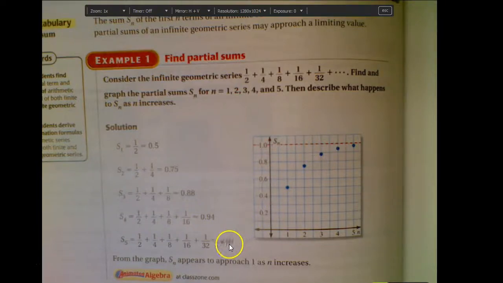The sum of the first 5 terms is 0.97, and they plotted that on the graph. If you kept on going, you would continue to see this arc flatten out and get closer and closer and closer to 1 as the answer, but you would never actually land on 1. You would forever get closer and closer to it.